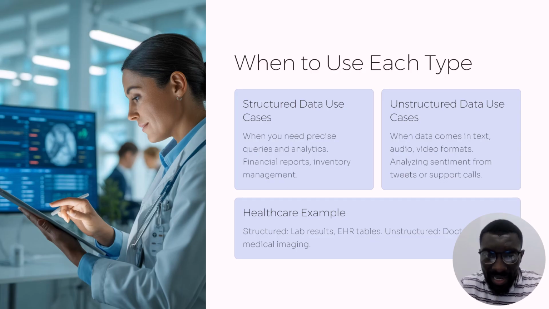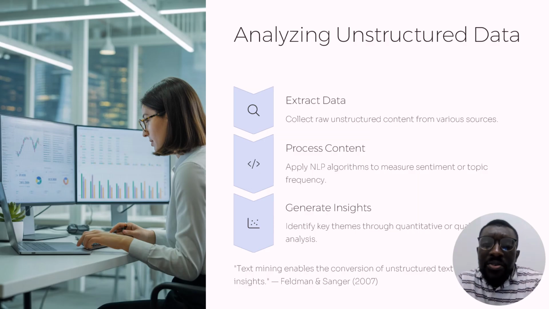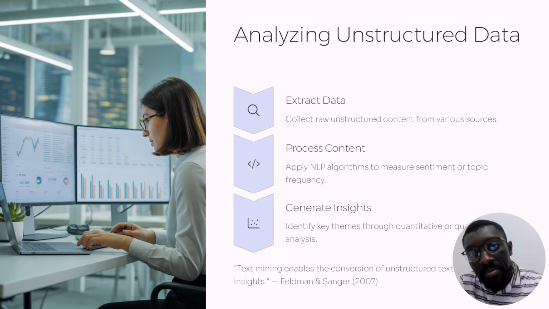In a healthcare example, for the structured data, you look at the lab results, and for the unstructured data, the doctor's review and medical imaging. So how do we analyze unstructured data? Well, we extract the data first by collecting the raw unstructured content from various sources.